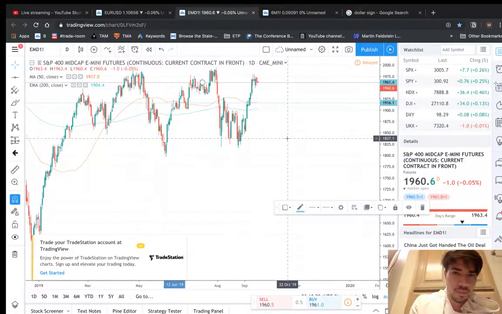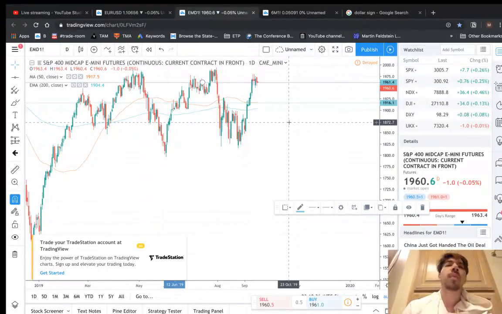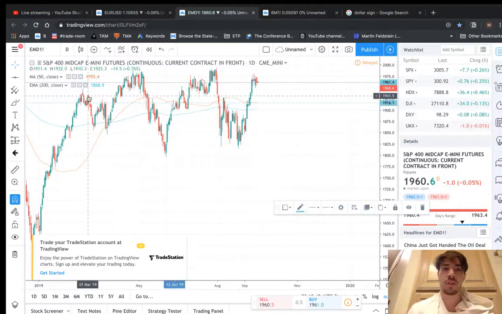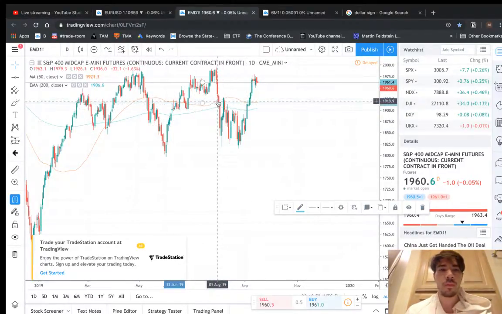Again, pretty clear, as we'd call, support resistance flip. In this case, it's a resistance support flip. This horizontal level that I'm circling with my cursor right now is a long-standing level of resistance.